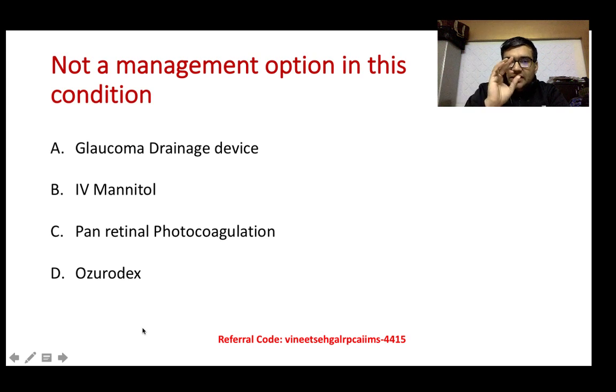The next follow-up question is: which is not a management option in this condition? Glaucoma drainage device, IV mannitol, pan-retinal photocoagulation, or Ozurdex. Absolutely fine, Neelu, this is the 100-day glaucoma. Spot on.